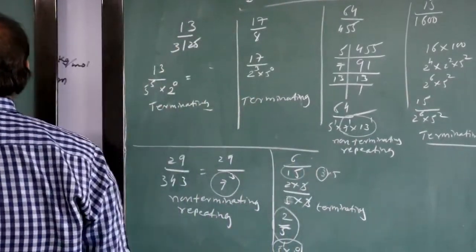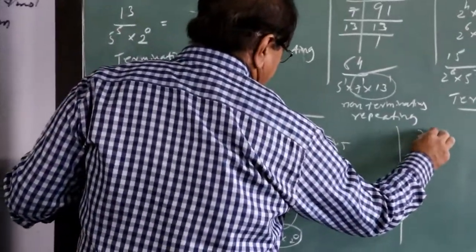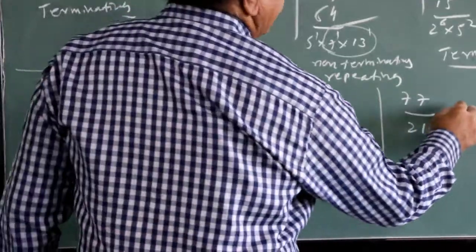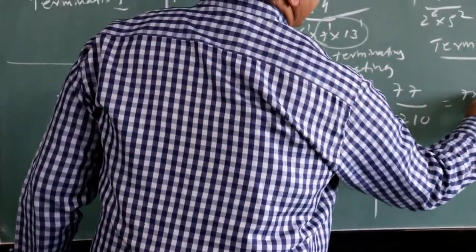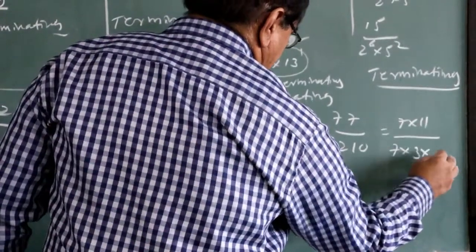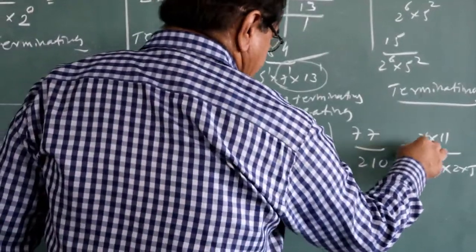And finally, one more take, the last one I take: 77 upon 210. 77 is 7 into 11, and 210 is 7 into 3 into 10, which means 2 into 5. Okay? The 7s cancel.